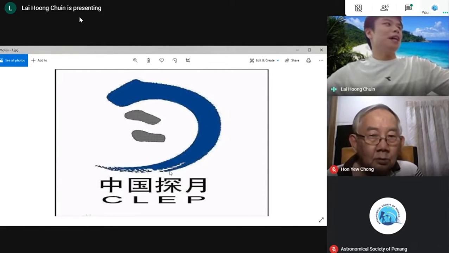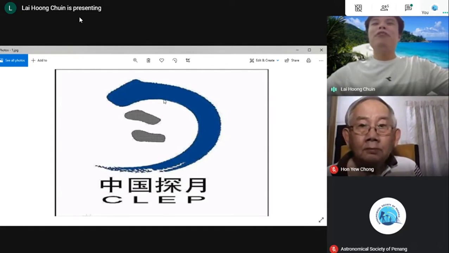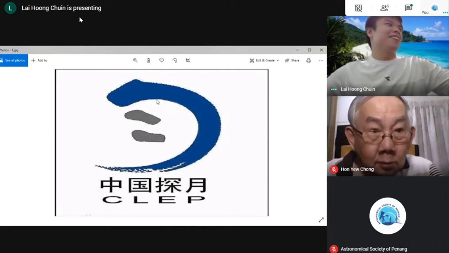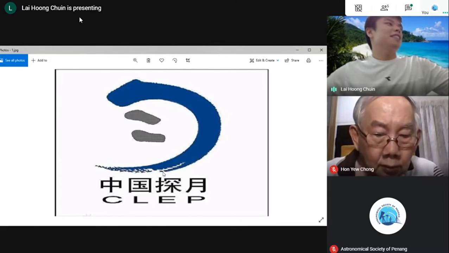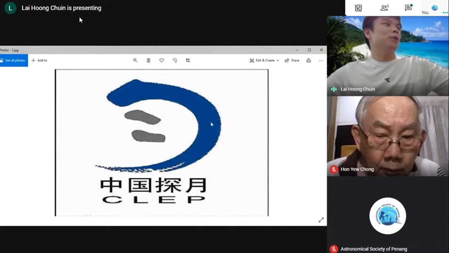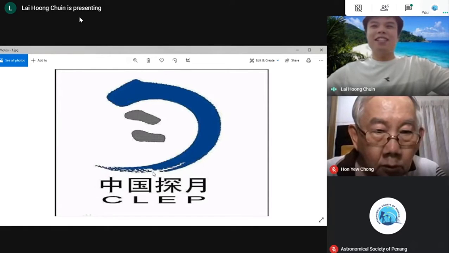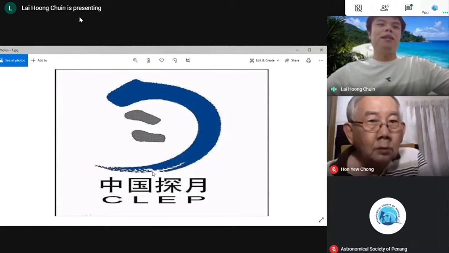And the blue stroke is actually a simplified drawing of a dragon. They say it looks like a dragon. So this is the dragon head and then the tail. The dragon represents the Chinese people, 就是中华民族啊，龙是中华民族的图腾啊. And then the white thing in the tail is actually a pigeon, representing peace.